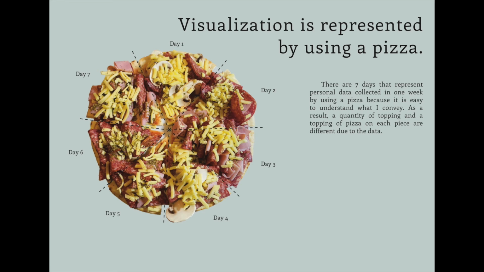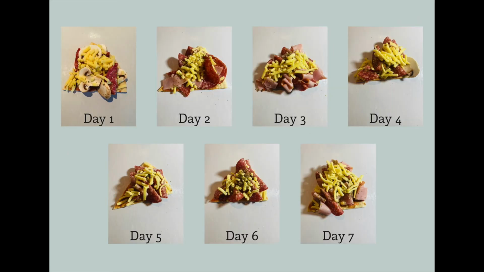As a result, the quantity of toppings on each piece of pizza is different due to the data. Although in the picture it's not clear, you can see the quantity of mushroom and cheese are different. And all of these pictures show the quantity of toppings before baking per day in 1 week.